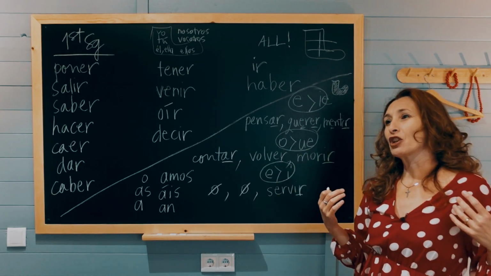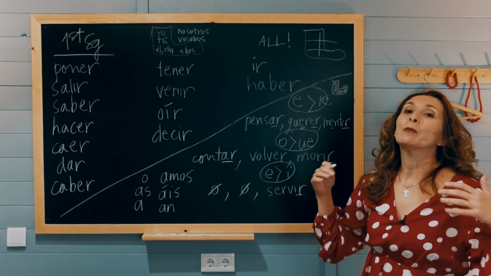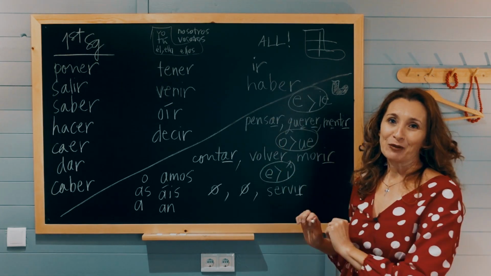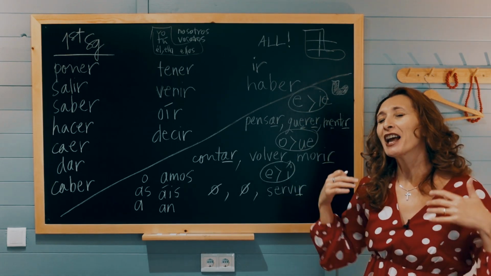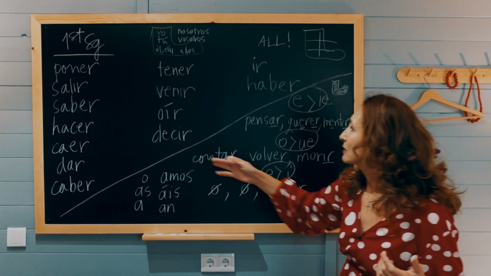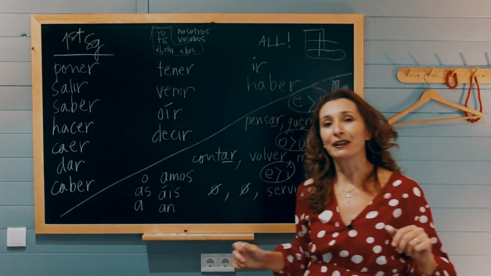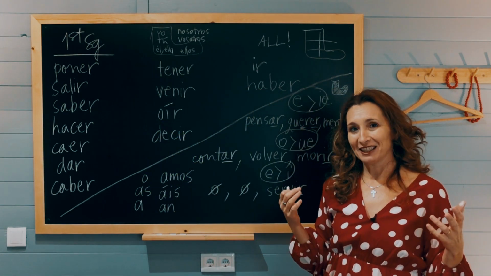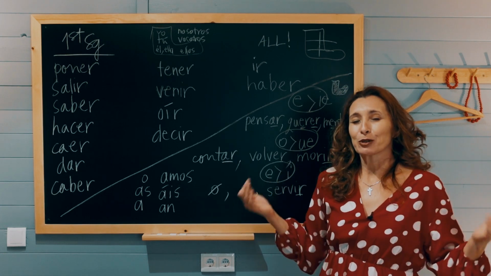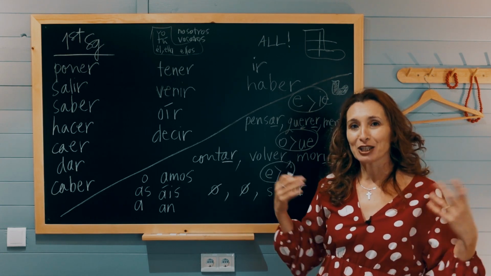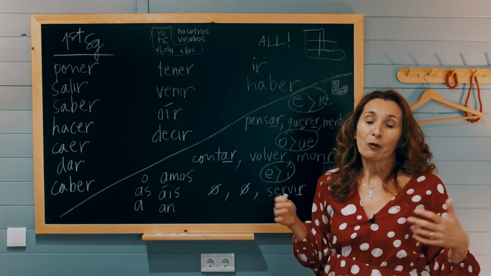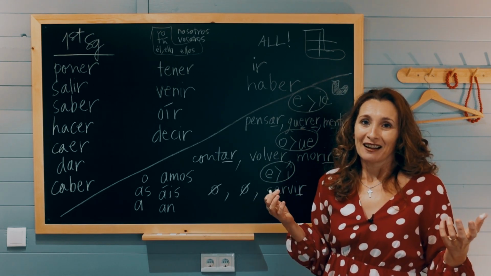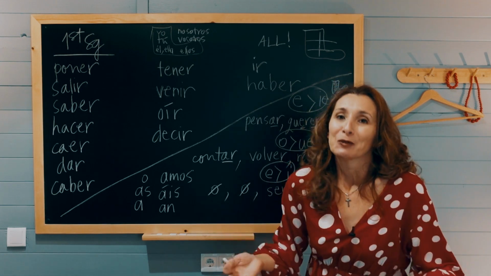But what I would suggest is that you go beyond the theory, okay, the theoretical part, and you just repeat these verbs. I don't know, let's say poner, over and over again. Pongo, pones, pone, ponemos, ponéis, ponen. You repeat it so many times that when you have to use it, only one of those six will come out.